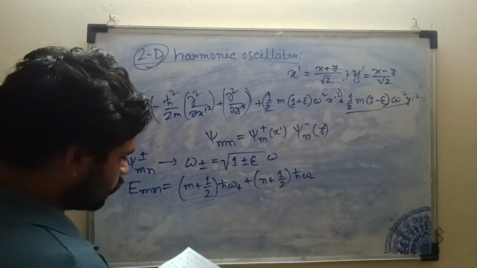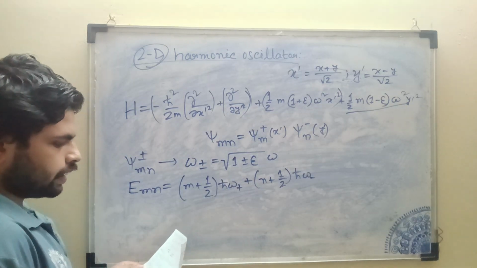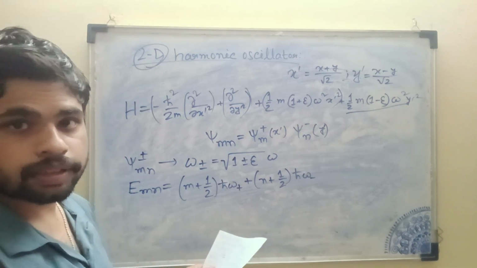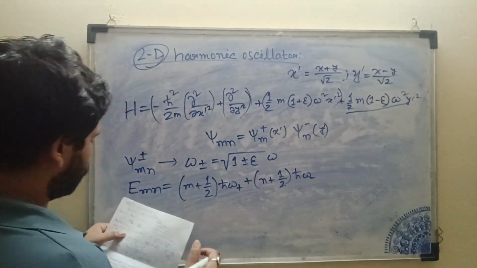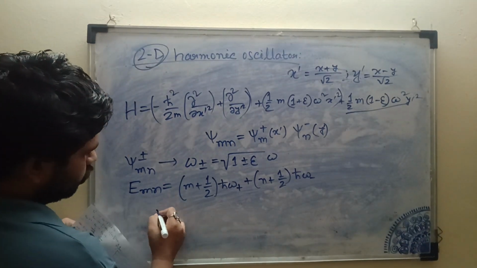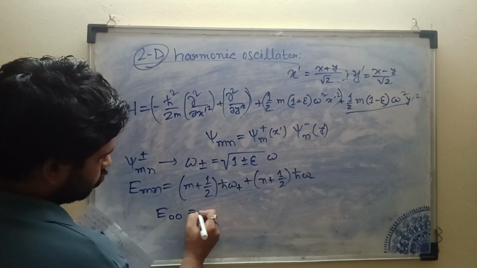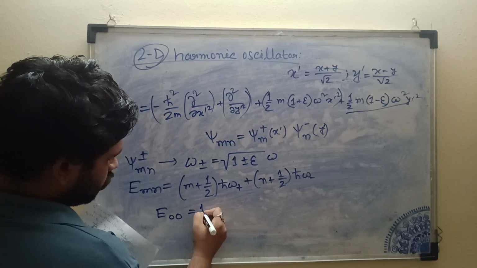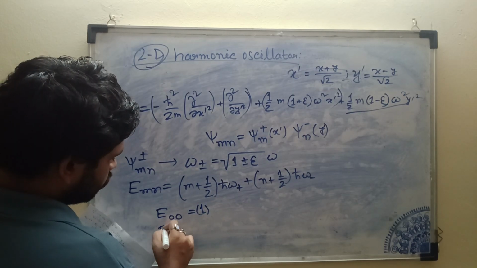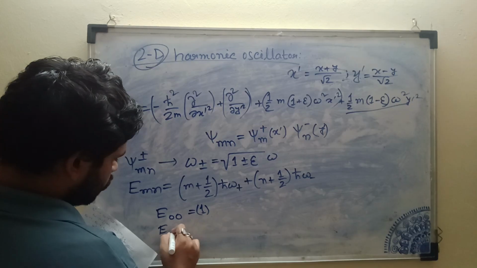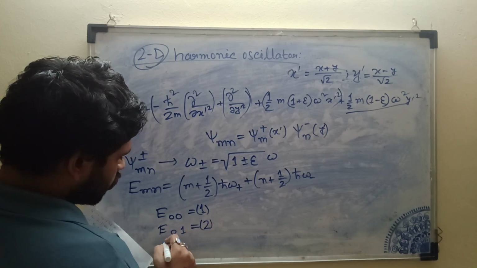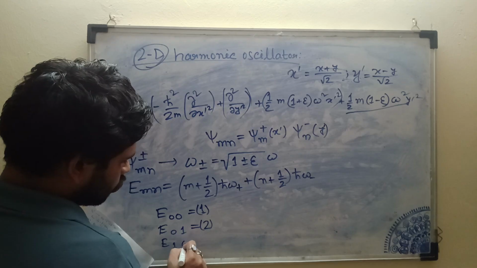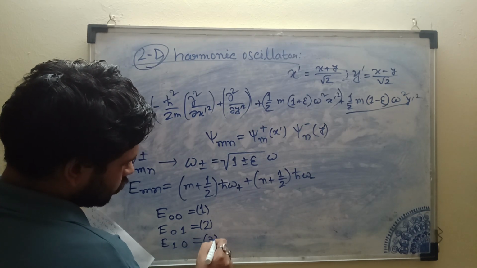Okay, so let's see three different cases here. For E00, we code it as 1. E01, we code as 2. And E10, we code as 3.